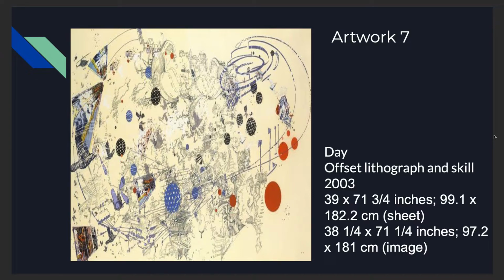So this is a largish, it's a large print, so 39 inches wide, which is 3.5 feet wide, and then 71 inches tall, which is almost 72 inches tall, which is 7 feet, right? 6 feet. 6 feet, I'm sorry.